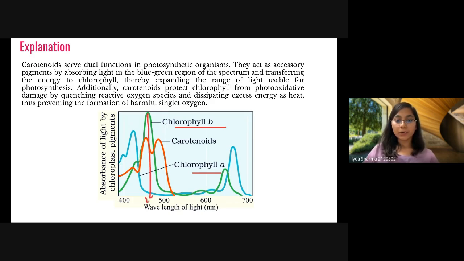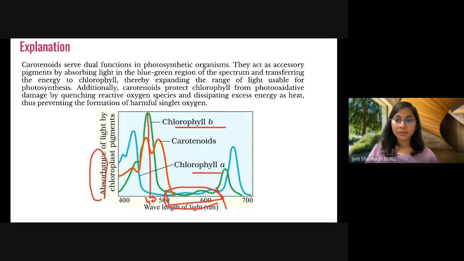So it means there is the reflection of the green light by the chlorophyll B, but in this zone there is the absorbance of light by this chlorophyll B.